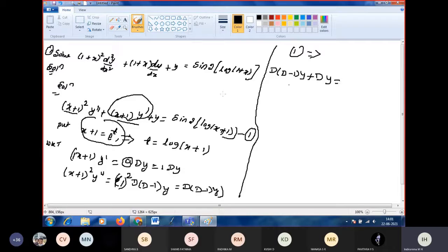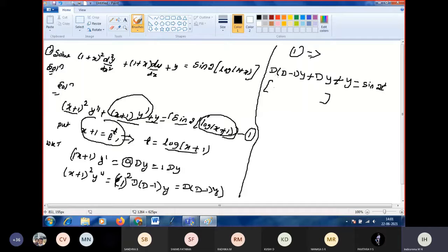So we have plus y, is equal to sin of 2 into log of (x+1), that is t, sin 2t. Now take y common and you can proceed.